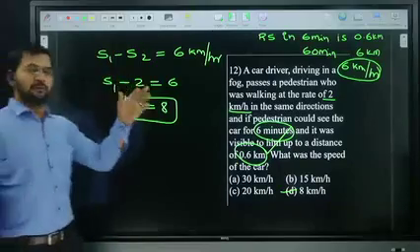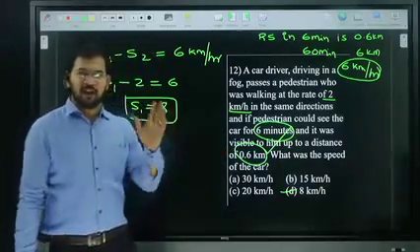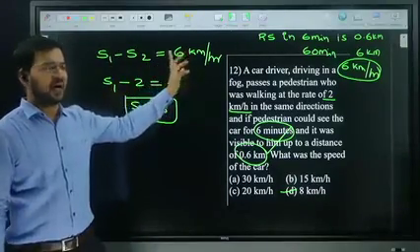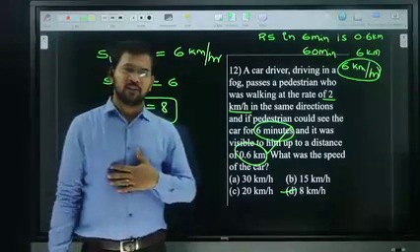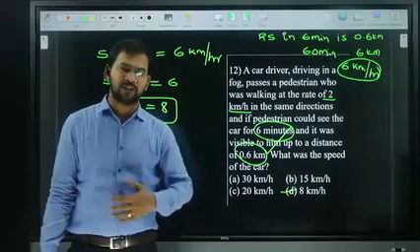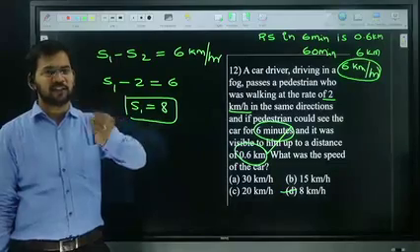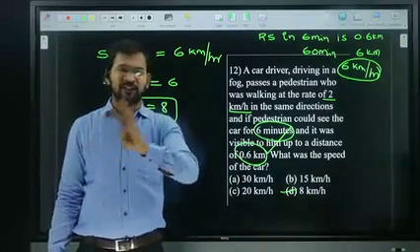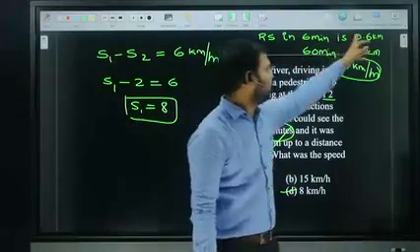So, whenever both are in the same direction, relative speed is S1 minus S2. S1 minus S2 is equal to 6 km per hour. How am I getting 6 km per hour? The car is visible up to 6 minutes in terms of time, and up to 0.6 kilometers in terms of distance. 0.6 kilometers is 6 minutes, so 60 minutes is just times 10.